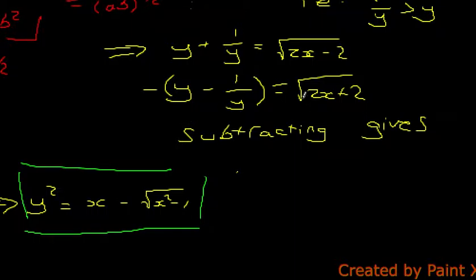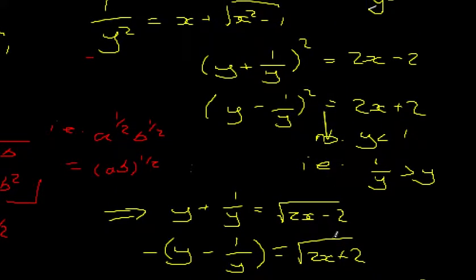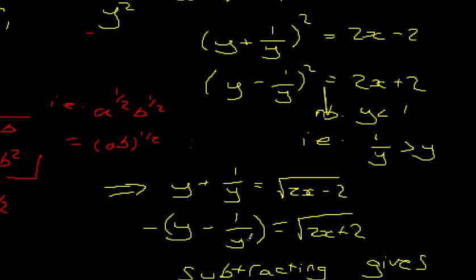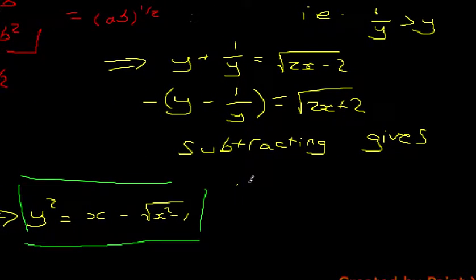Wait, does that make sense? This is going to be negative at this rate. Sorry, have I written this right? Let me think. So we have that the left-hand side, when we subtract, is going to be 2y, right?